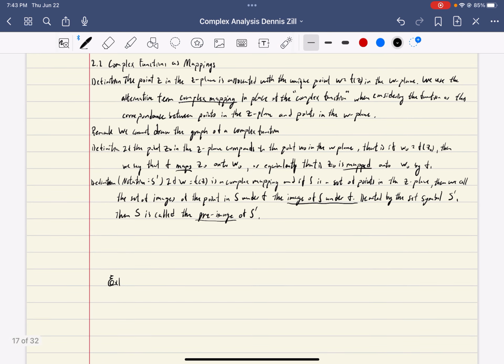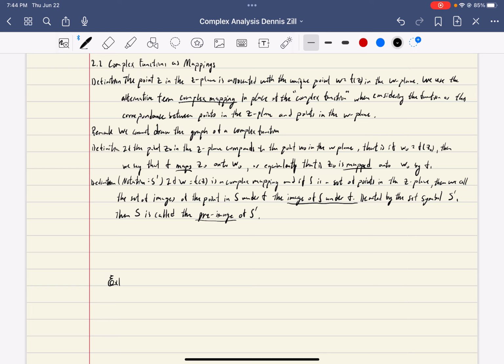And as a remark, we cannot draw the graph of a complex function. The reason is that if w equal to f of z is a complex function, then both z and w lie in the complex plane.